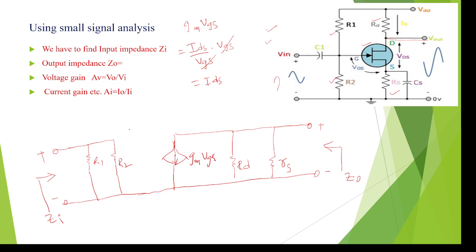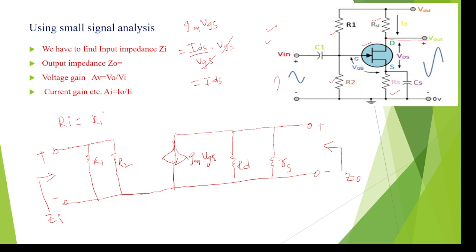Now we can find the input impedance. First I am finding the input resistance across R1 and R2 only, on the input side, and the output resistance, RD parallel to RS. So input resistance Ri equals R1 parallel to R2.